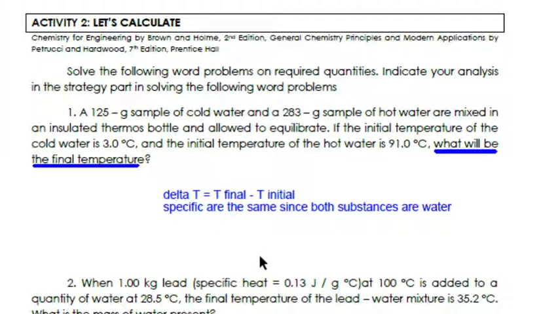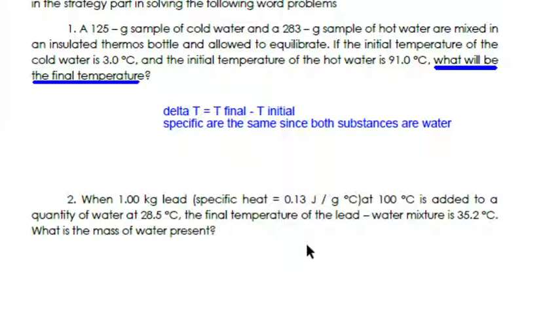So you can equate each other, the heat using heat of hot water is equal to heat of cold water. So it depends on which one you will assign as a system and as a surrounding. Again, please be consistent in choosing what is your system and what is your surrounding.